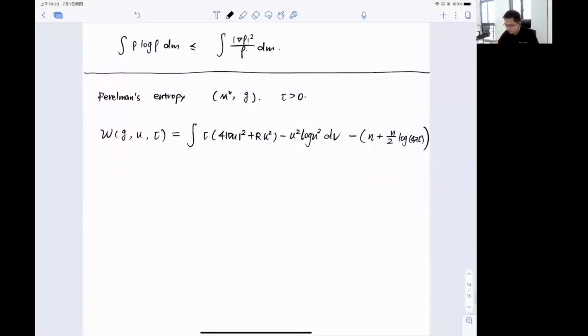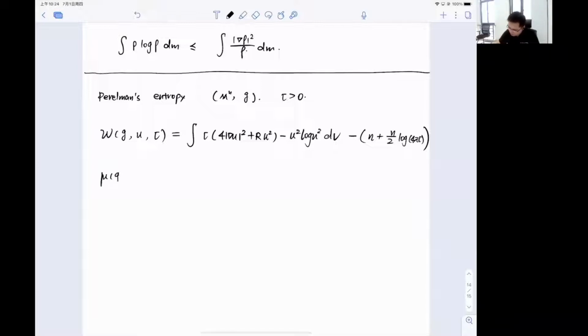So this is Perelman's definition of the W entropy, and for the mu entropy, we just need to take the infimum over all such u, as long as its square has integral 1.